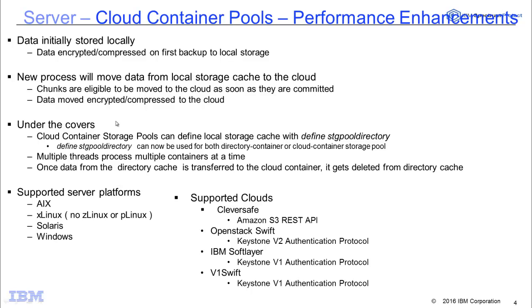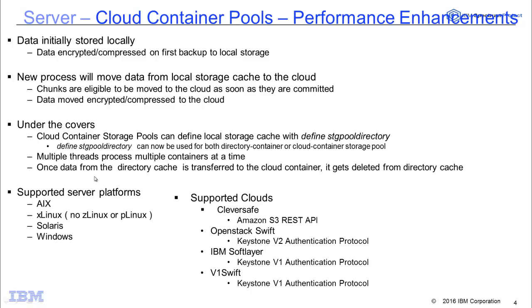Under the covers, what's happening is that the container storage pools have defined a local storage cache utilizing the define stgpool directory command. You might recognize this command from the directory container storage pools. Well, we're now also utilizing the same command to allocate space for a cache that will then feed the cloud containers. You can utilize multiple thread processes to write to the containers.